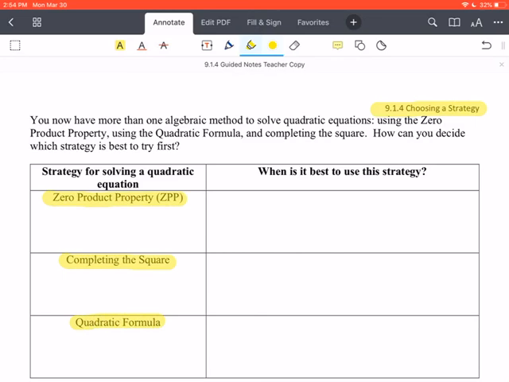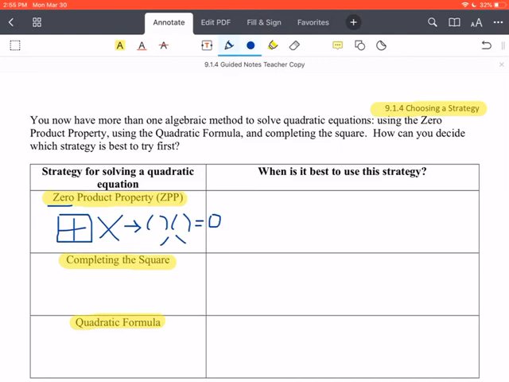Okay, so before we get into when it's best to use these strategies, let's recall the key structure or thought that we might have pop into our mind when each of these is brought about. Okay, so zero product property, we need to make sure that it is set equal to 0. Then we are thinking about using the rectangle and diamond, which gets us to factored form, set equal to 0, and we shoot down into those mini equations.